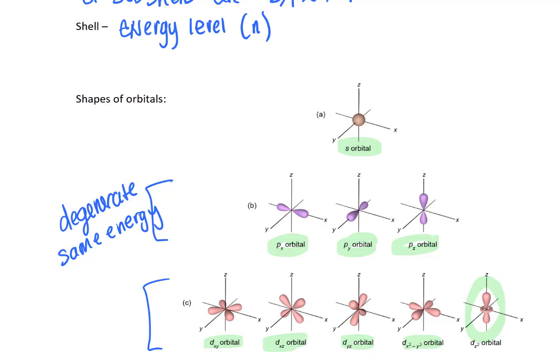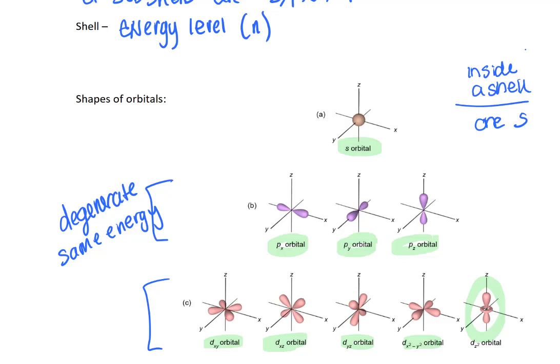Notice how your s orbital, there's only one of these. Inside an energy level, so inside a shell, there can only be one s orbital.